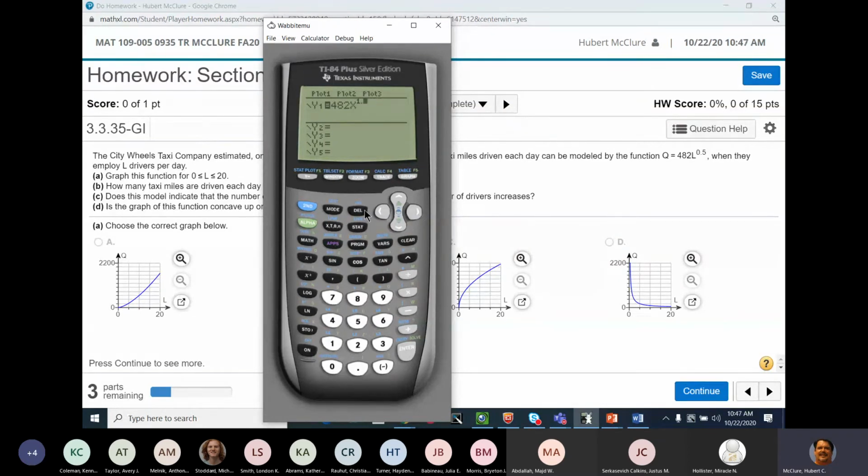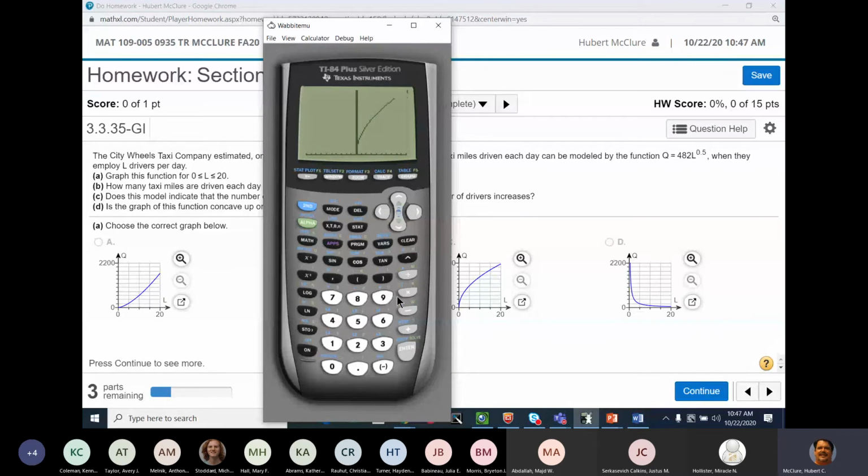Delete, delete. 0.5. And graph. I'm going to do a zoom fit, which is zoom 0, isn't it? Zoom fit is 0. I don't like that. Let's do zoom standard. There we go. Well, dang, it didn't even draw it. Why didn't it draw it? Zoom fit.